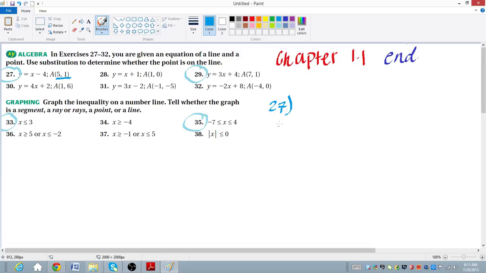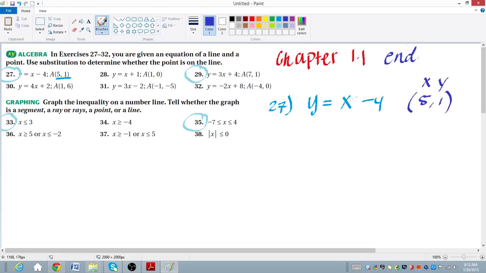So 27. Well, you're gonna write down the equation. Let's see, y is equal to x minus 4. And the point is 5, 1. So this is the x, this is the y.